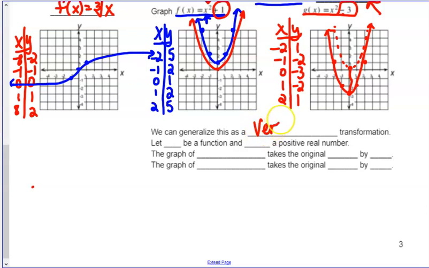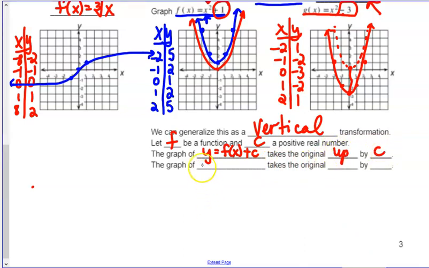So in general, in order to do a vertical transformation, we're going to let f be a function and c be any positive real number. Then y equals our original function. In this case, we had an x squared, but I could do anything. I could do the square root, the cube root, a linear one. But if I take my function and I add c to it, that takes the original up by c.